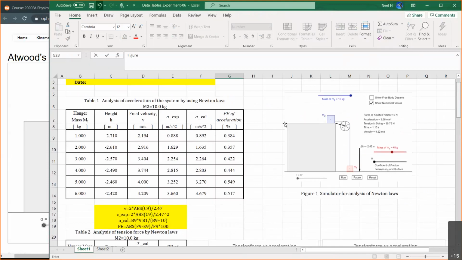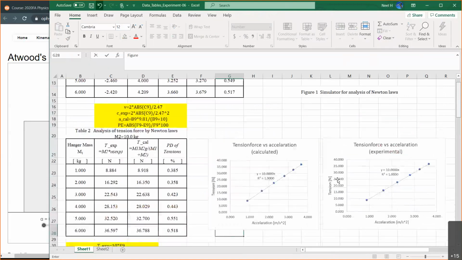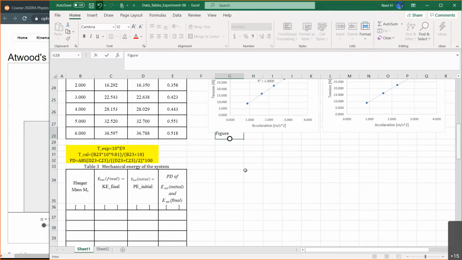one more picture here for your procedure section, because later we're going to apply friction. So let us start from figure number 3. Figure number 3 is going to be tension versus acceleration for calculated values, right?